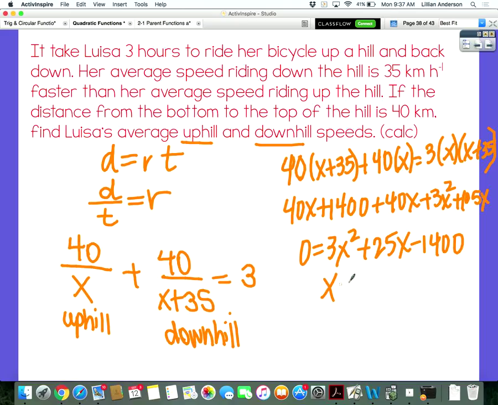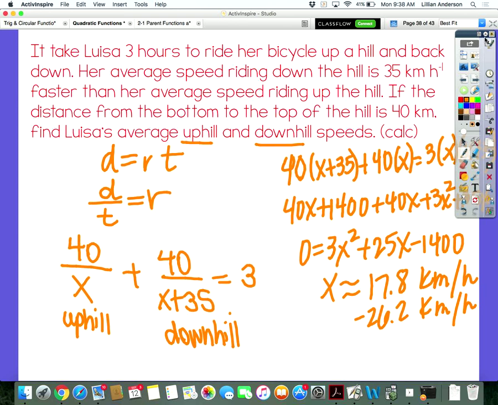What do you guys get for your 2 solutions? 17.8 and... all right, so of course you're going to get 2 solutions, okay? This is the quadratic here. I mean, you could have got one as a double root, but you got 2 solutions here. But only one of them makes sense, which is 17.8.